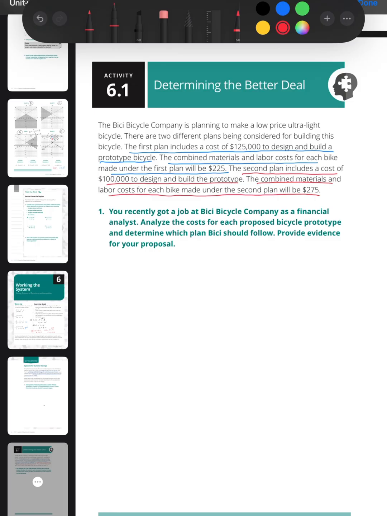Okay, so for plan A, that equation we're looking at is y equals $125,000 for that starting fee plus 225 times the number of bicycles. And then plan B was $100,000 plus 275 times the number of bicycles.